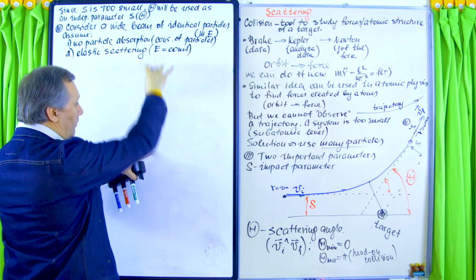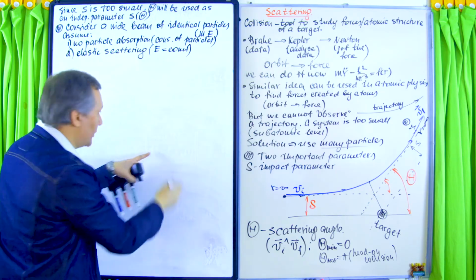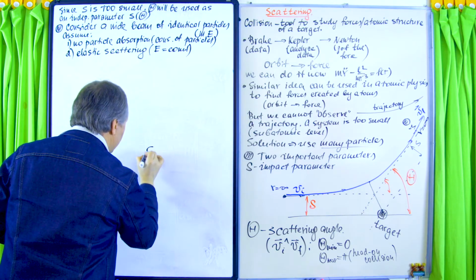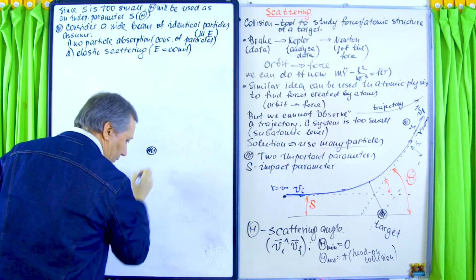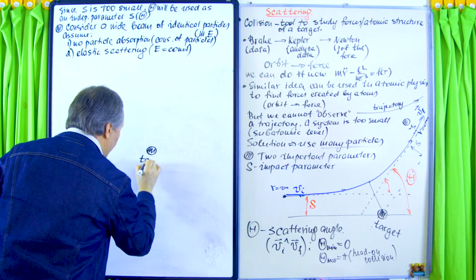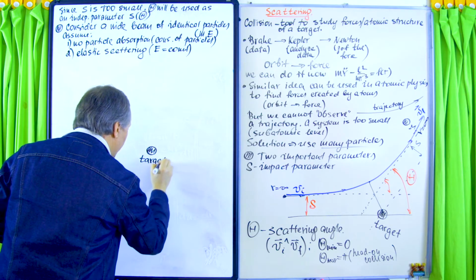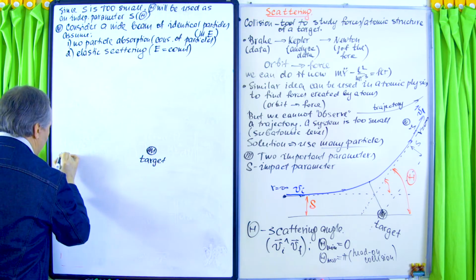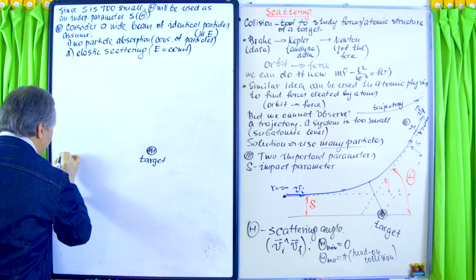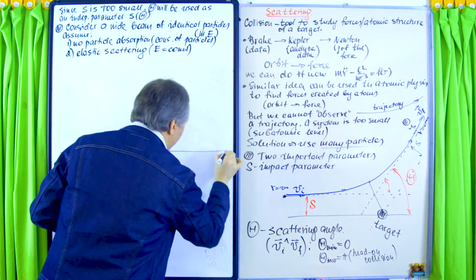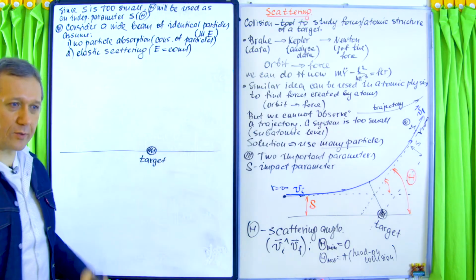Make sure that you have enough space above and below. Right, so let's say this is our target, our scattering center. Let me draw this auxiliary line, a line of symmetry, basically, because we have cylindrical symmetry.